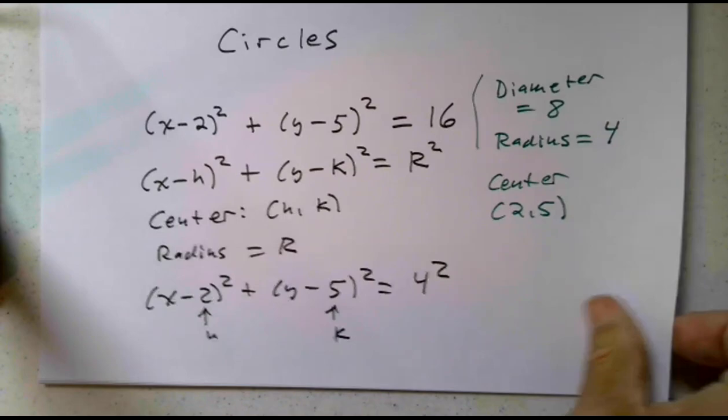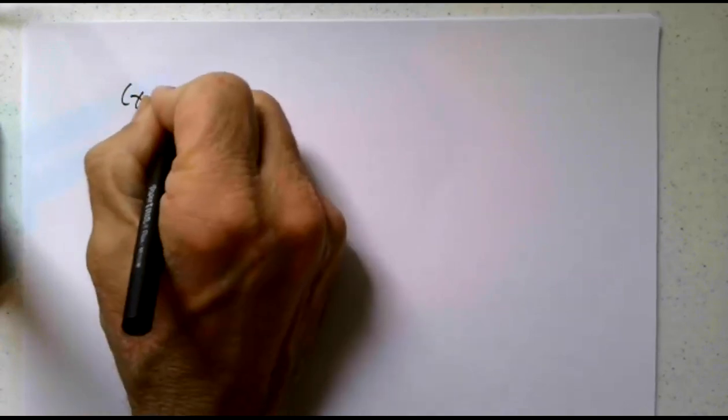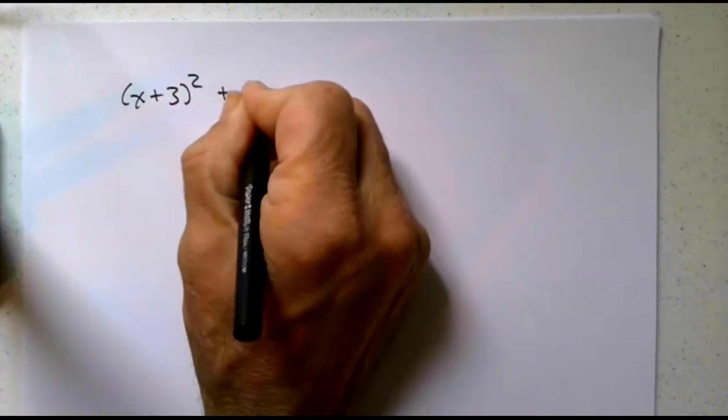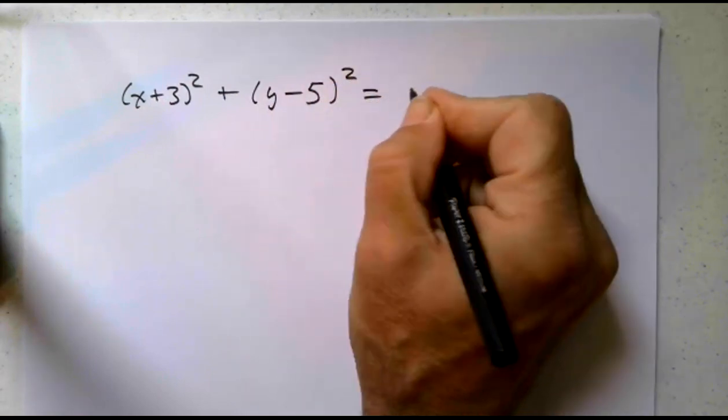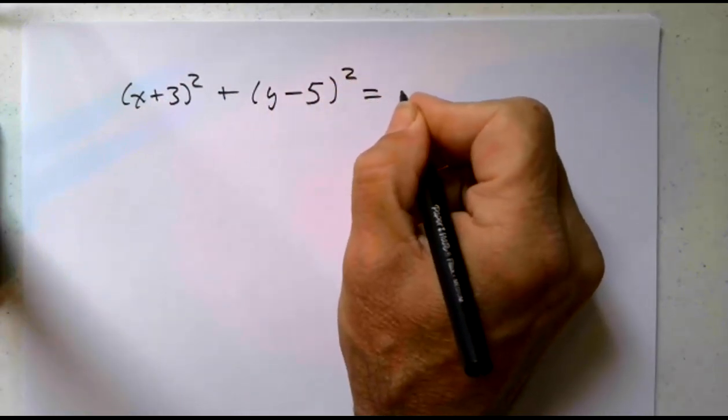So let's try that with our next example. Let's say we have x plus 3 squared plus y minus 5 squared equals 4.